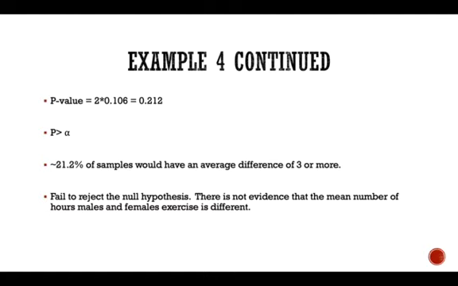Because this result is so actually likely to happen, we would fail to reject the null hypothesis. There's not enough evidence to support the claim that the mean values are different. If we had a larger sample size, maybe we would be able to show a difference, but based on the sample data that we have here, we're not.